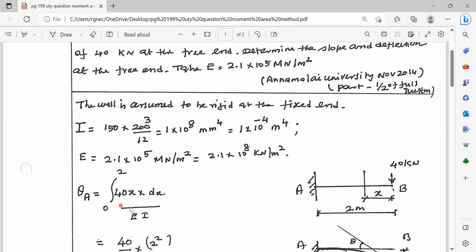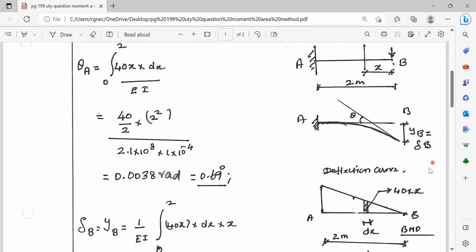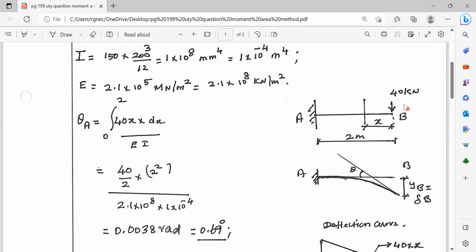Now, what is the bending moment diagram? Bending moment at any point at a distance x measured from point B is equal to 40 into x. This 40 kilonewton is the load acting at the free end.